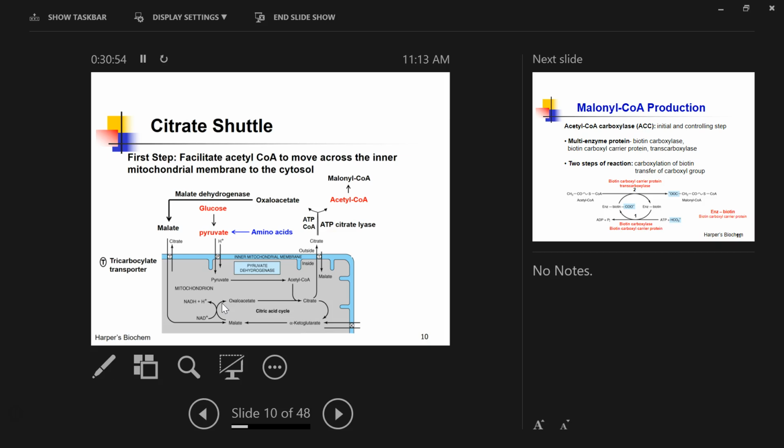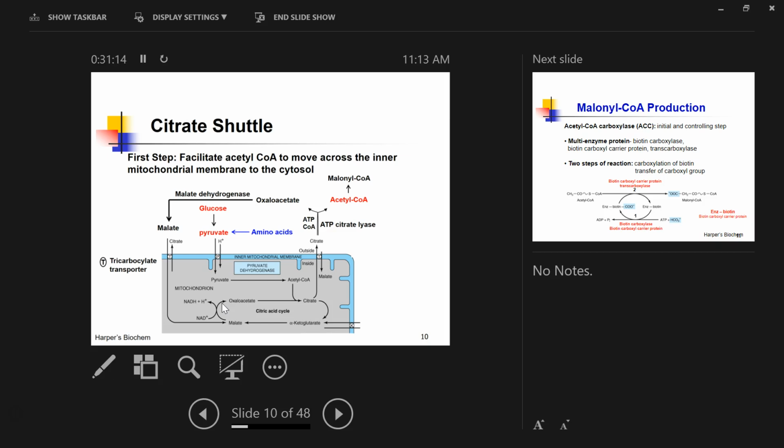So the tricarboxylate transporter basically transports citrate out of the mitochondria to the cytosol. And once it gets to the cytosol, the citrate can be broken down, back to acetyl-CoA and oxaloacetate.